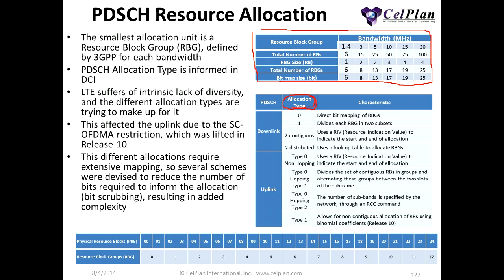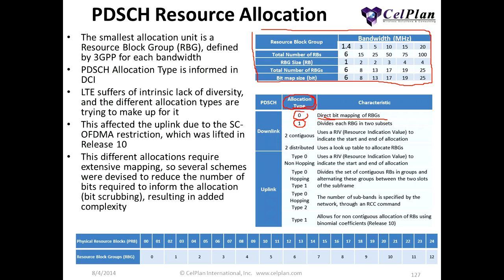So it can do direct mapping in the downlink, just using bit mapping. I have 25 resource blocks. I say 10001, 10001, so I know which ones are being used for the UE, and then of course it will scramble the CRC with the identity of each one, and the UE will be able to recover the allocation.